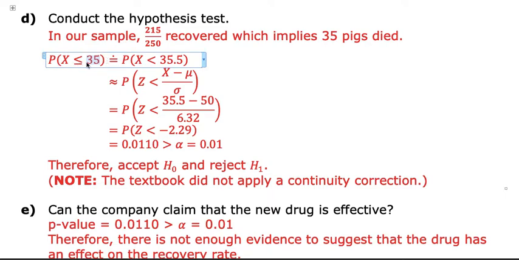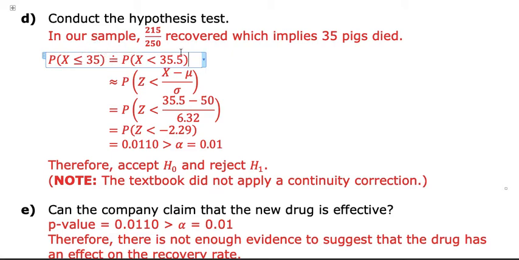So the separate values, either 35 die or 36, this is discrete data when our test is a set number of pigs. So our p-value is less than or equal to our observation. And if we want to be less than or equal to 35, we should take a step 0.5 units to the right to apply a continuity correction.